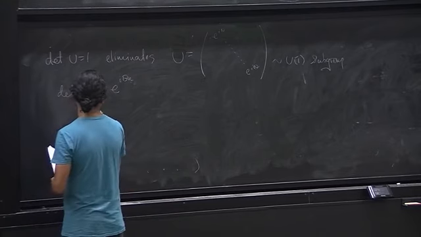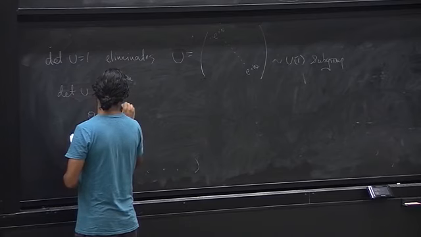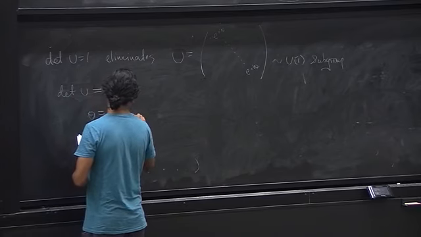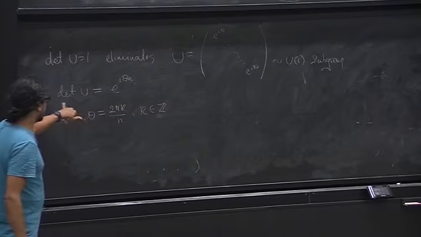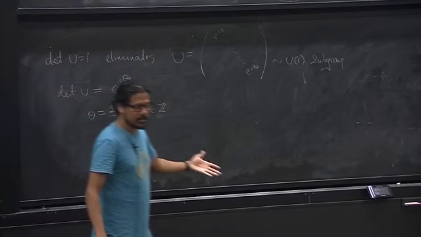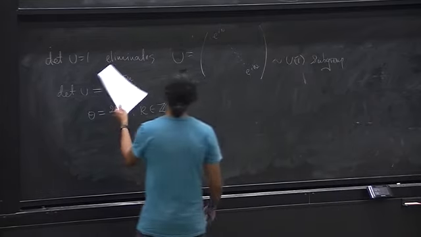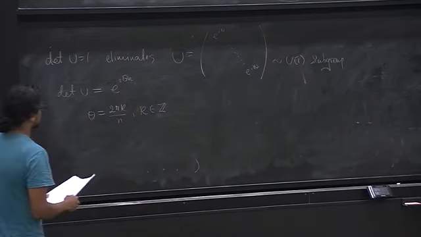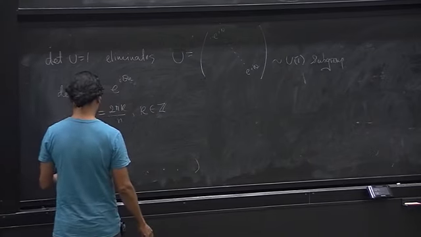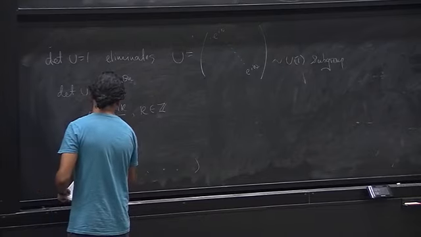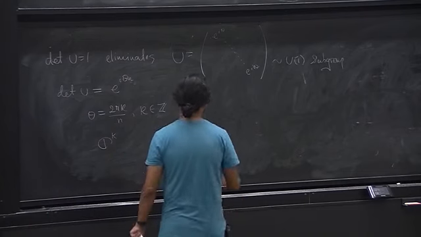But if theta is 2 pi k over n, where k is some integer, then the determinant of U is 1. So this condition eliminates the U1 subgroup, but it doesn't eliminate the cyclic groups, say C_k.